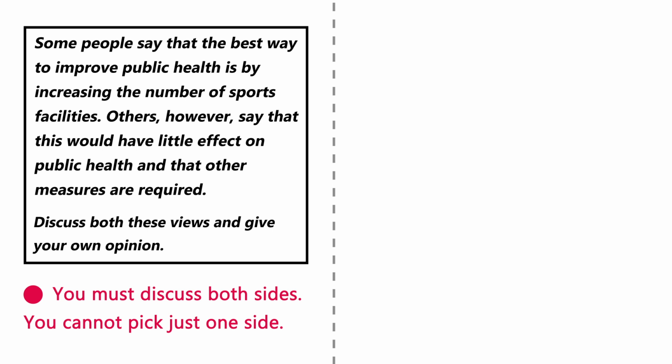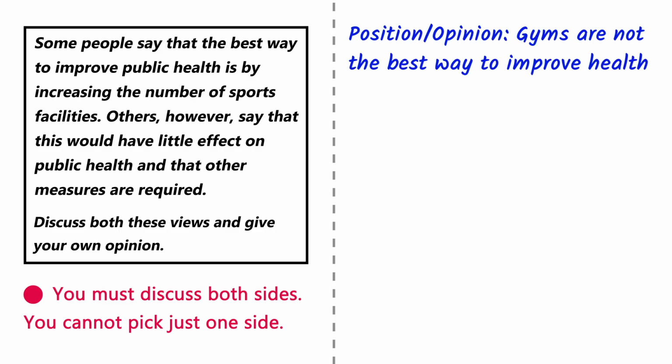All right. So this is a discussion opinion essay. And what is my position? What is my opinion? My opinion is that gyms are not the best way to improve health. All right. And I'm going to use the second template. What was the second template?